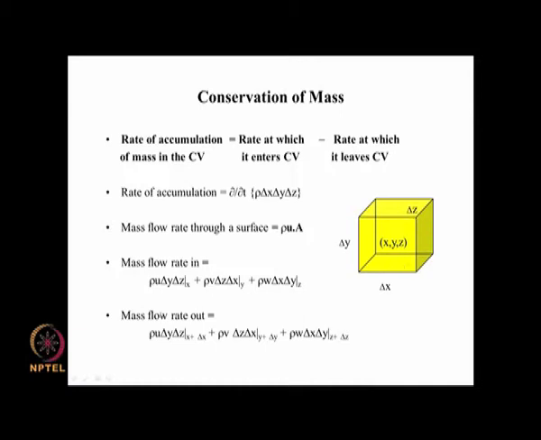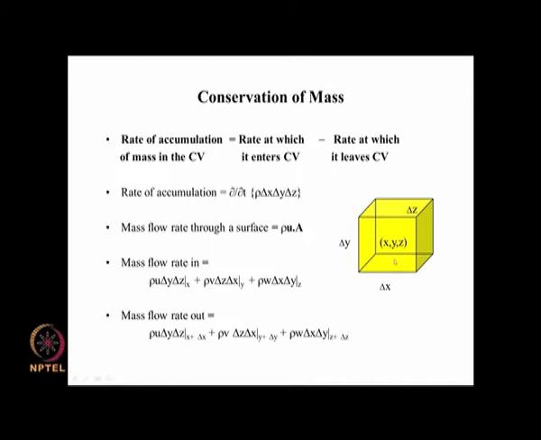Similarly, we can evaluate the mass flow rate out, which is rho u times delta y delta z at x plus delta x, because this face is at a location of x plus delta x. The velocity at this point, at x plus delta x, can be different from the velocity at x because of the changes taking place inside the control volume.